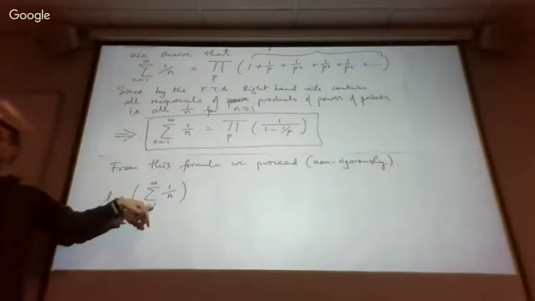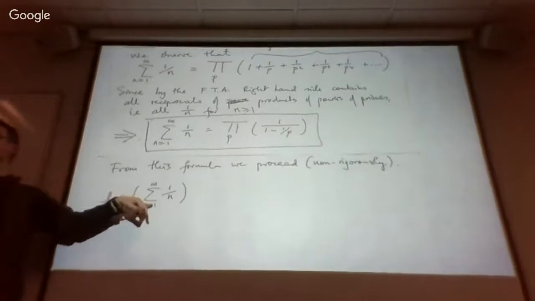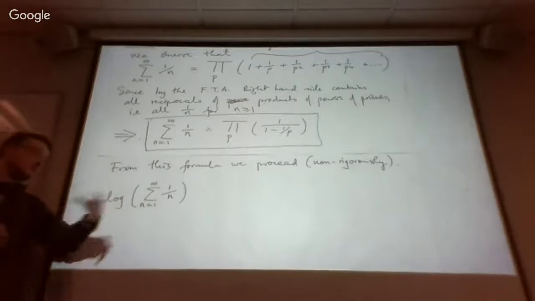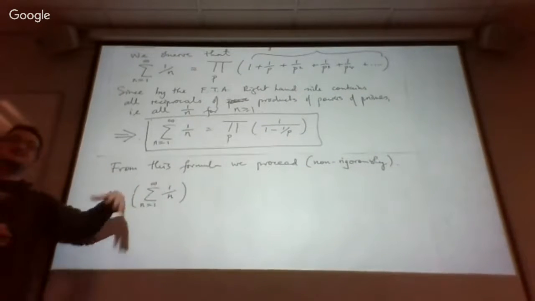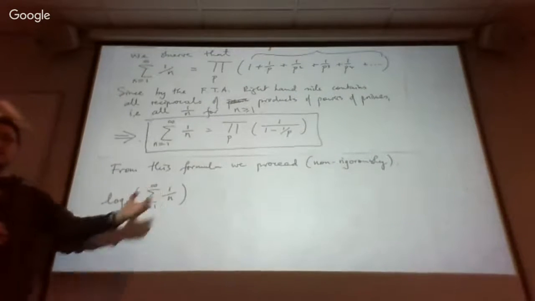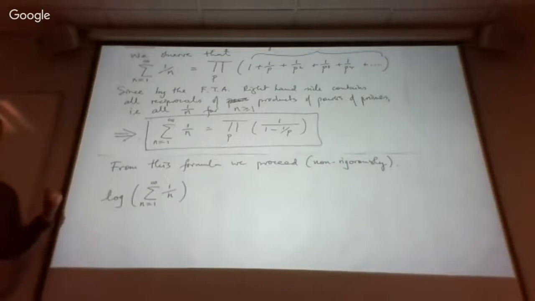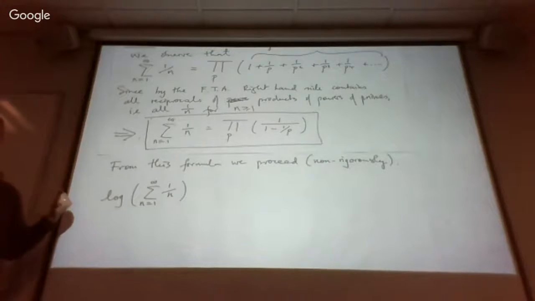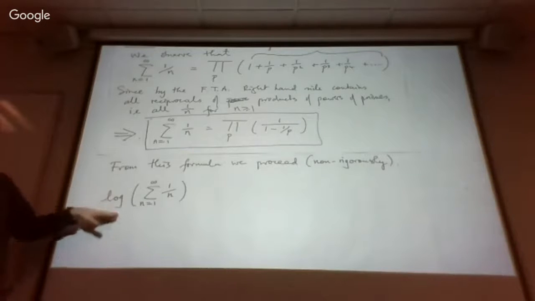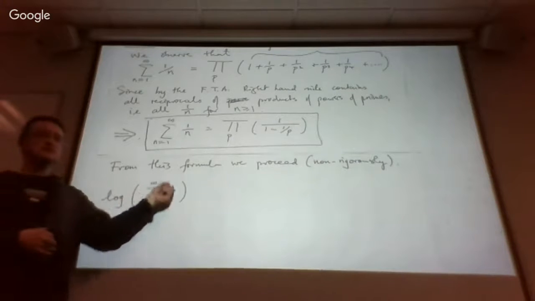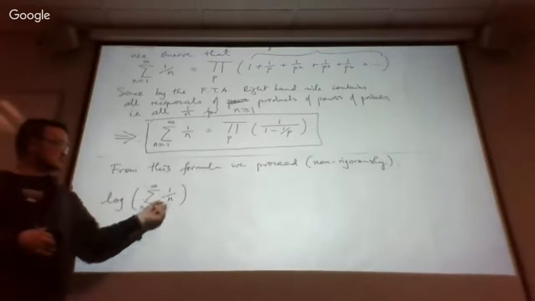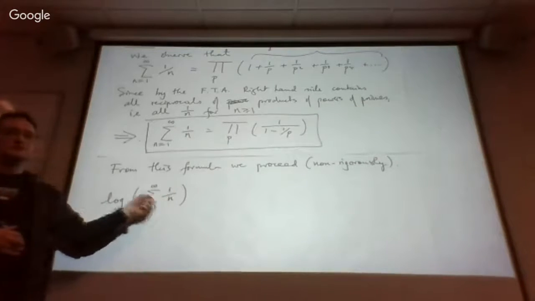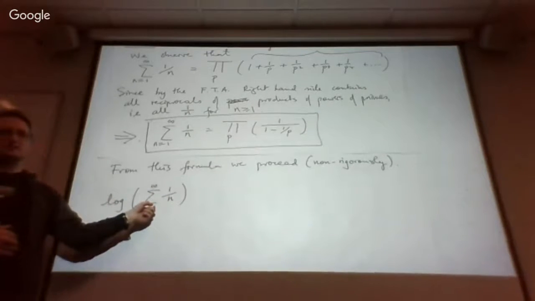We know that this series is divergent. It doesn't have a value, or if you do want to attach a value to it, you have to say it's equal to infinity. Strictly formally speaking, you shouldn't take the logarithm of it because you don't have a definition for it. This isn't referring to any number.